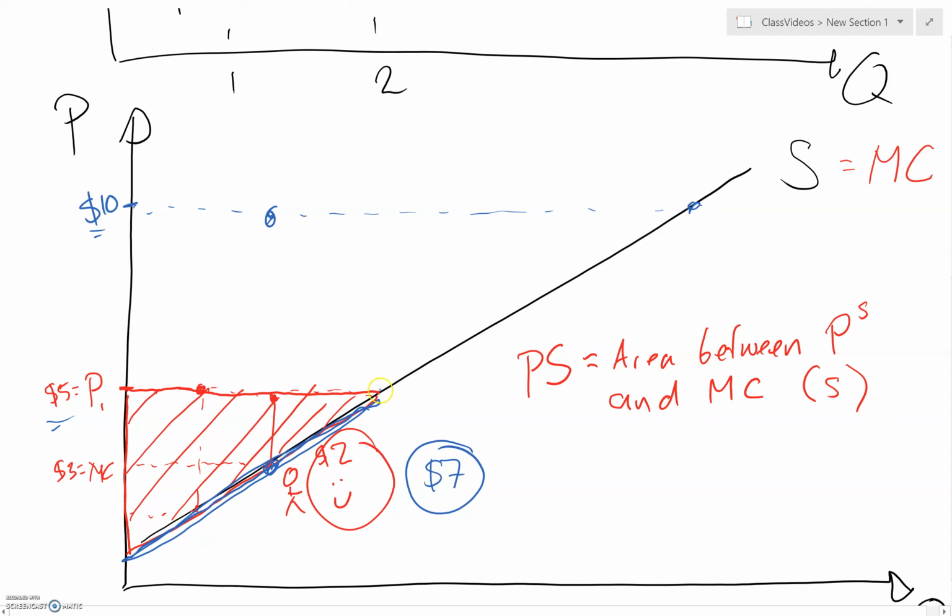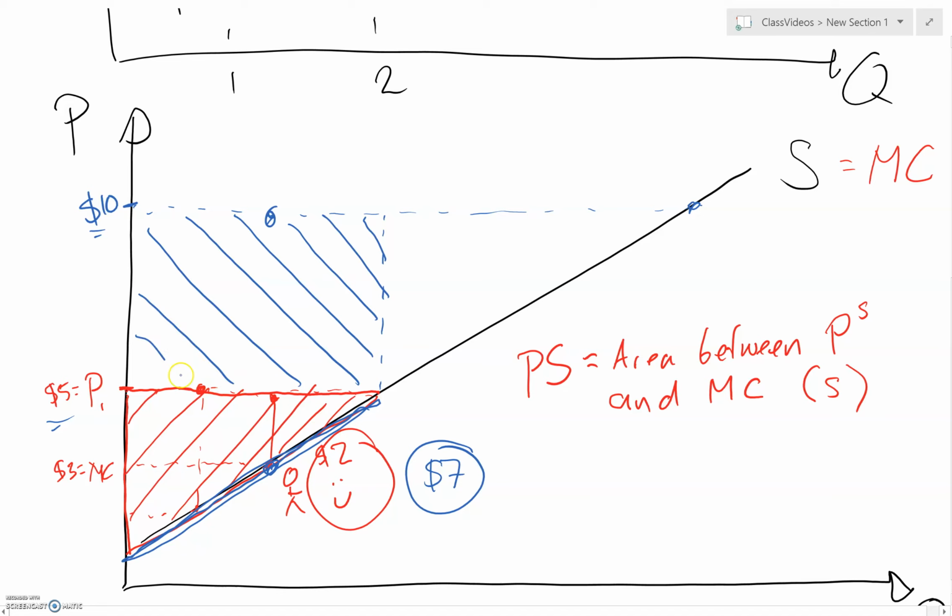We have this area in here, which we can think about as additional producer surplus to initial sellers.